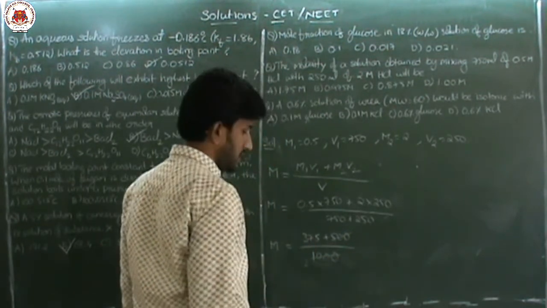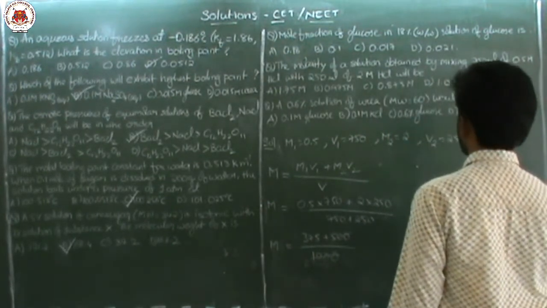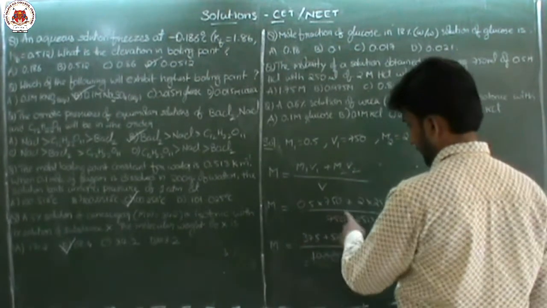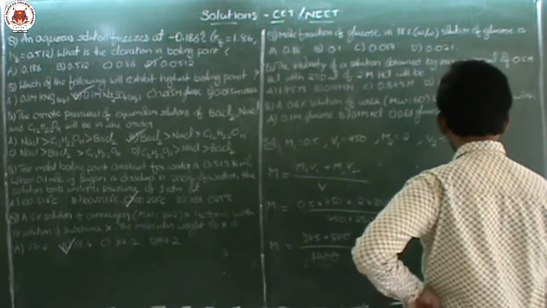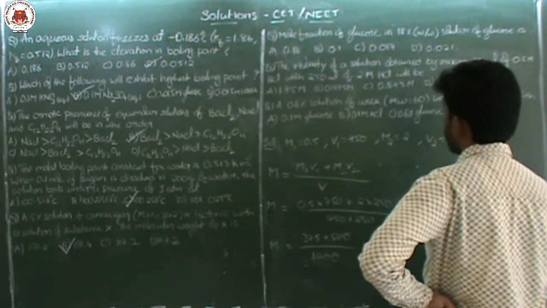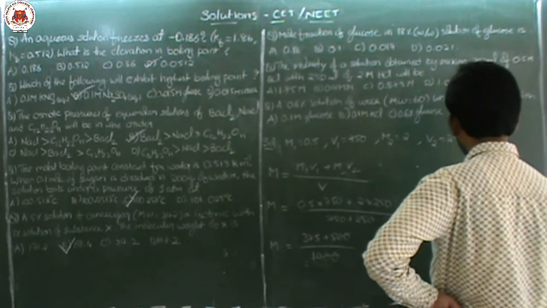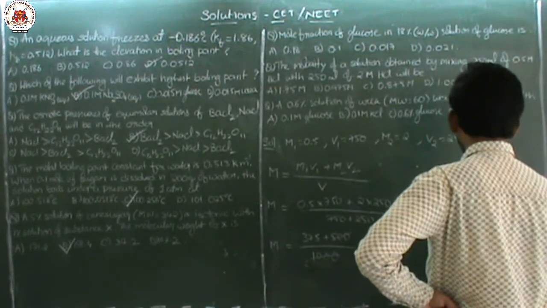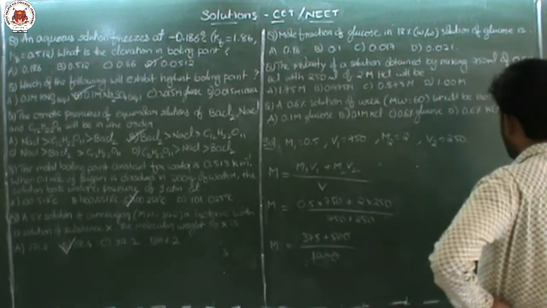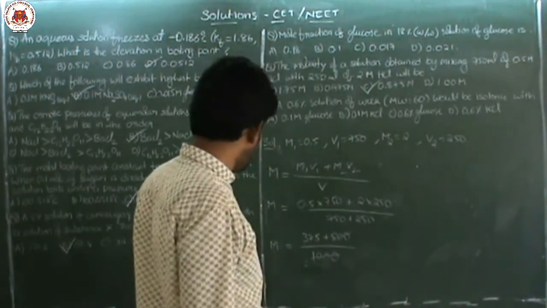So the total is approximately 875 divided by 1000, which comes around 0.8. Okay, 0.8.